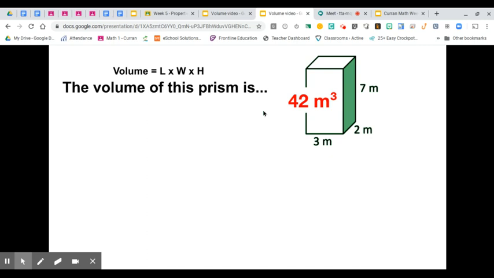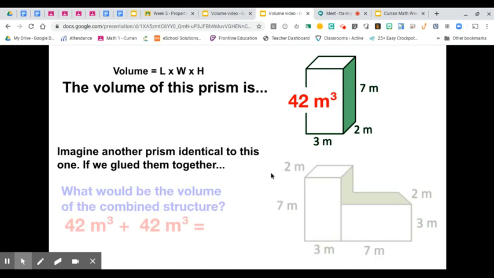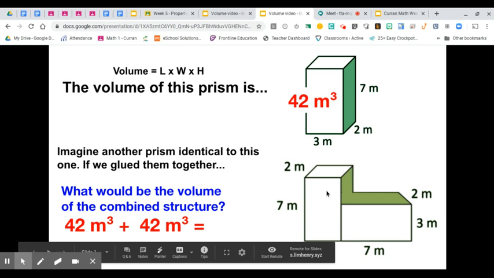So let's pretend for a moment that I had another identical prism, exactly the same dimensions as this one, and I glued them together. So I could make a shape such as this. Here is my original rectangular prism, and I took another exactly the same rectangular prism and I glued it on right here.